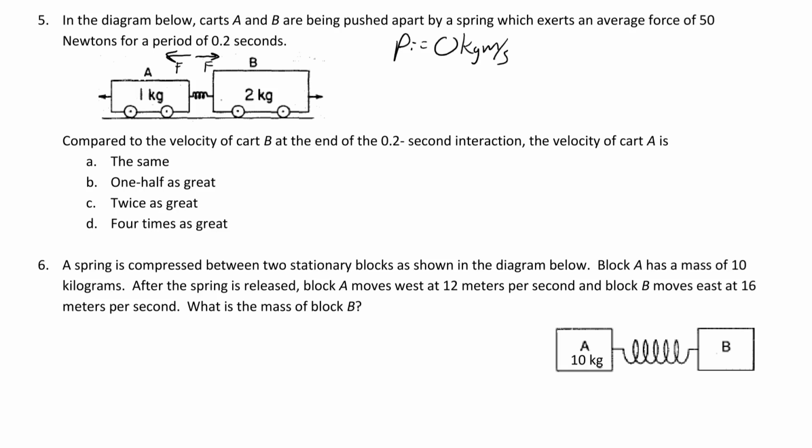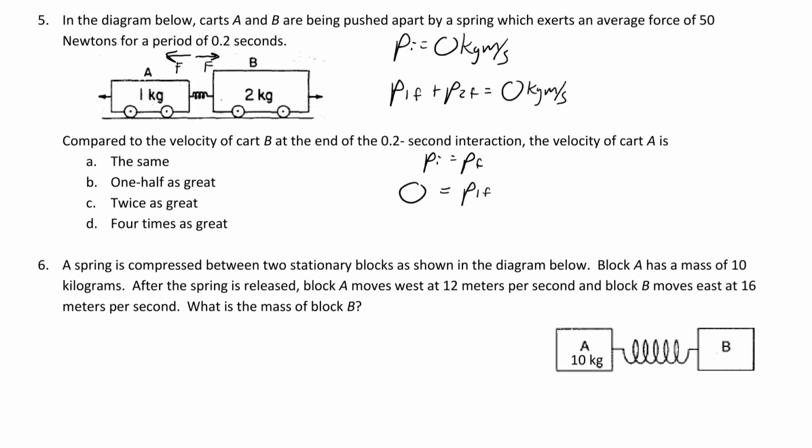So that means that P1F plus P2F are also going to be equal to 0 kilogram meters per second. If you wanted to, you could rewrite this as Pi is equal to Pf, and we know the initial momentum for the system is 0 kilogram meters per second because they start at rest, and afterwards they separate.